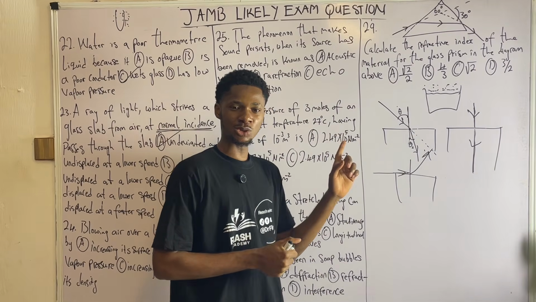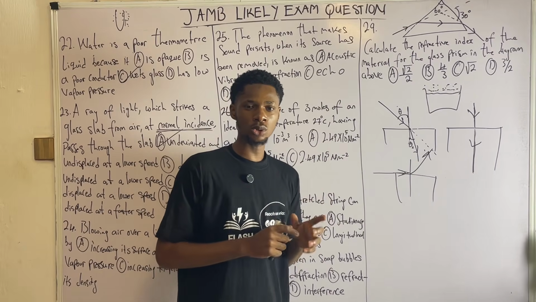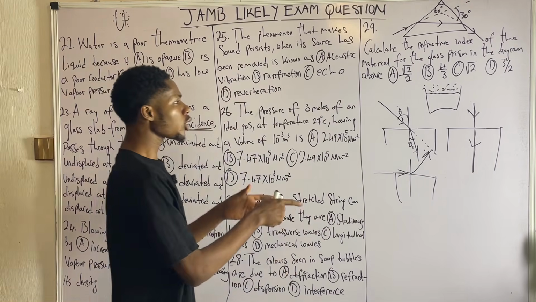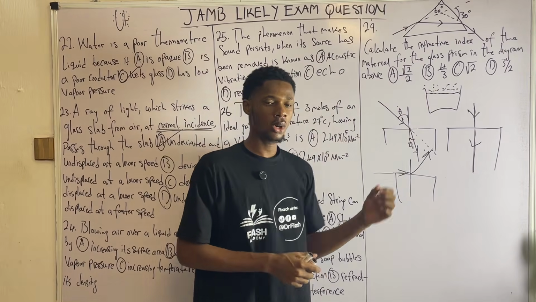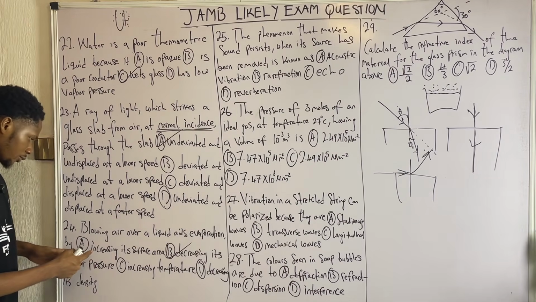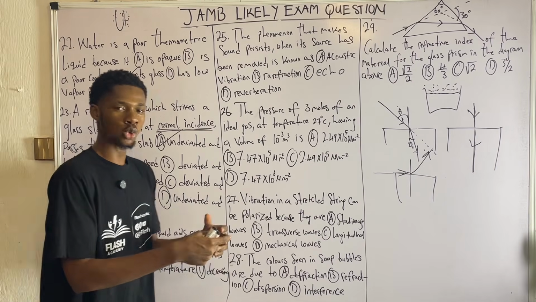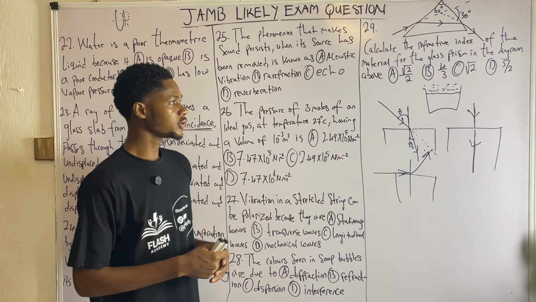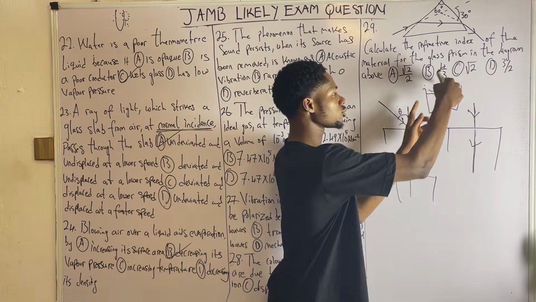Now this vapor pressure actually varies with temperature. That is, as the temperature increases, vapor pressure increases. Now how does blowing air over the liquid affect the pressure, and at the same time aid evaporation? That is, it helps the liquid to cool faster and remove the hot air. These gases are just around the surface.